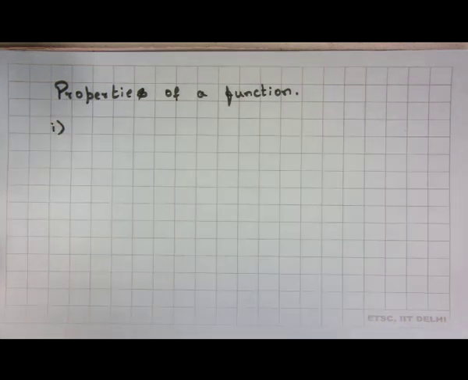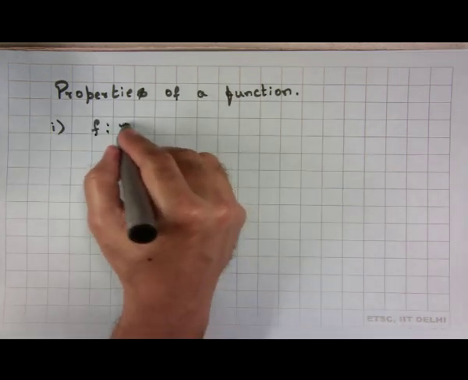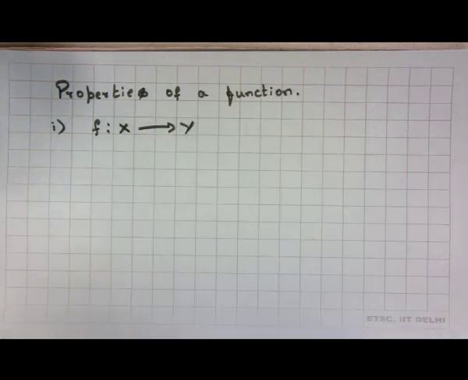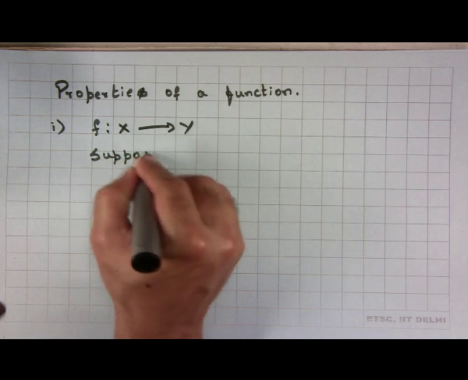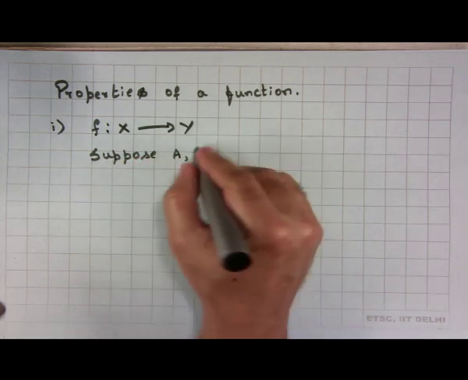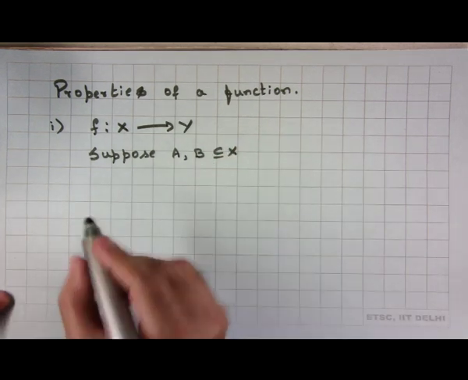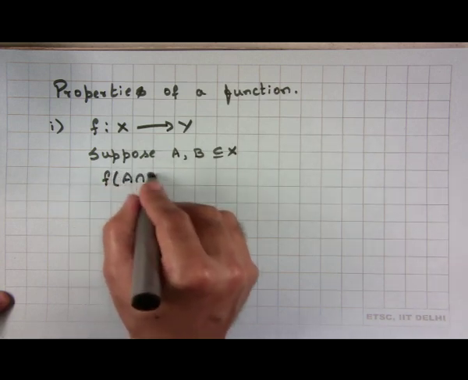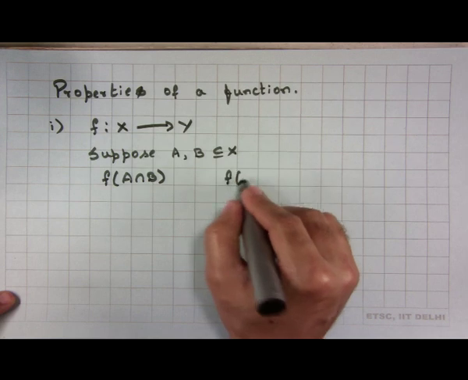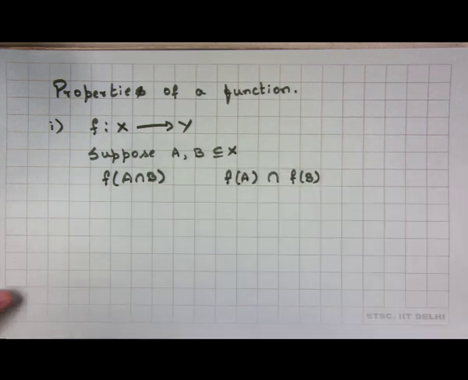Now, the first one. If I have f from a set X to a set Y, the question is, suppose A and B are two subsets of X. We have two things, f of A intersection B and the other one, f of A and f of B. Look at their intersection.